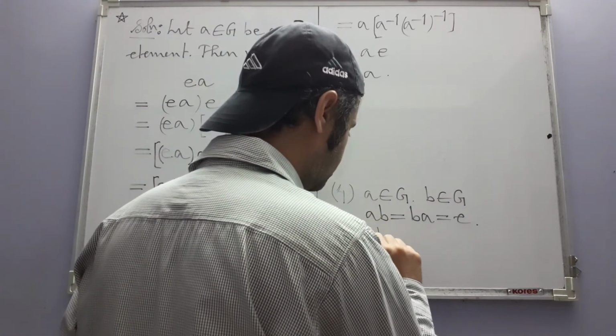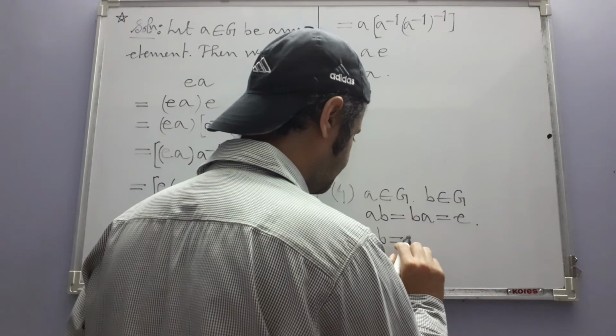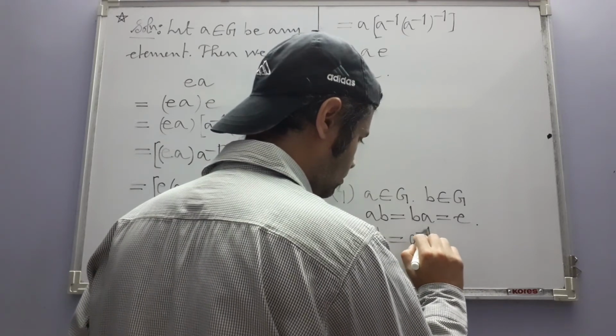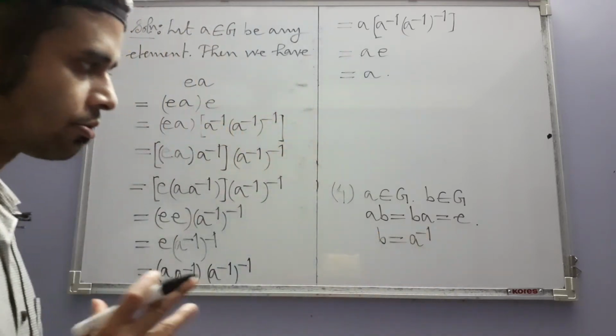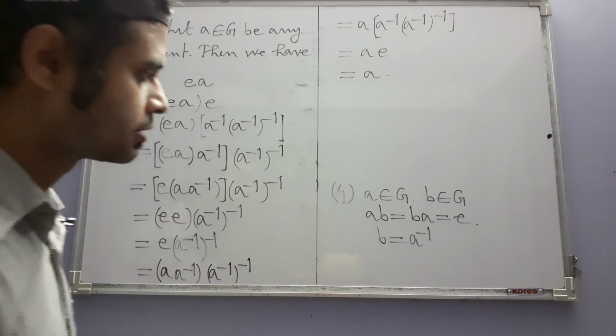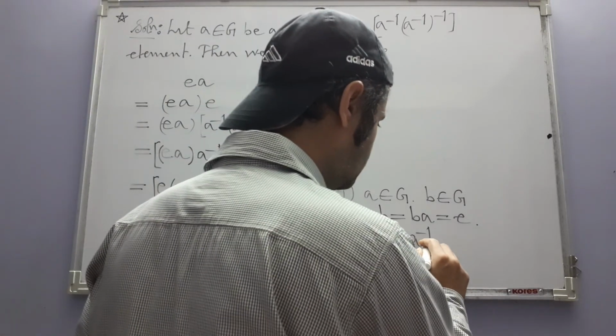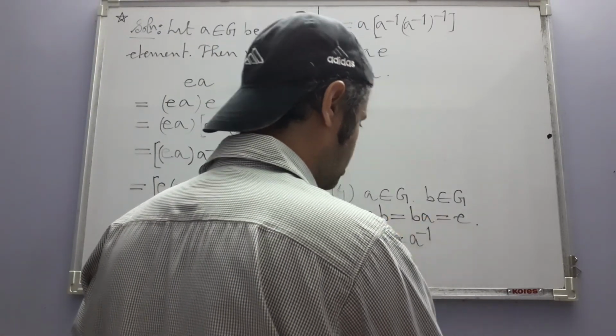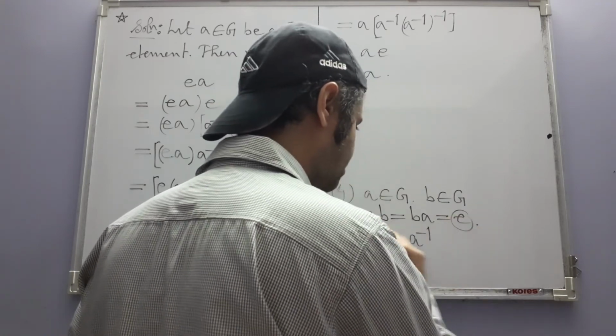And this B you ordinarily denote using this notation, A inverse, because you have E in the fourth axiom.